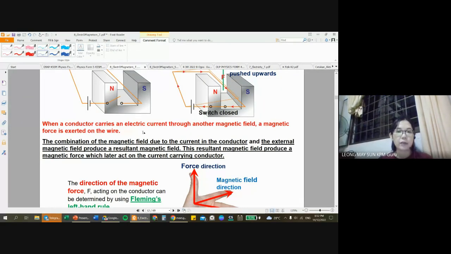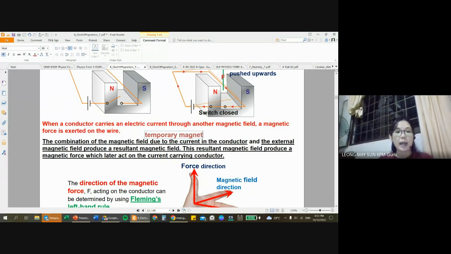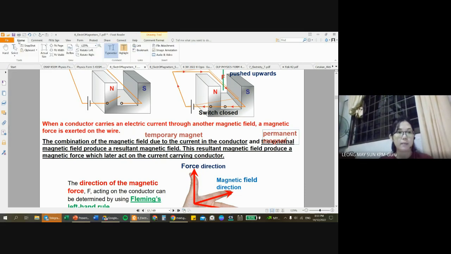The current in the conductor creates a temporary magnet, and the external magnetic field is the permanent magnet. The combination produces a resultant magnetic field, and this is what is known as the catapult effect.